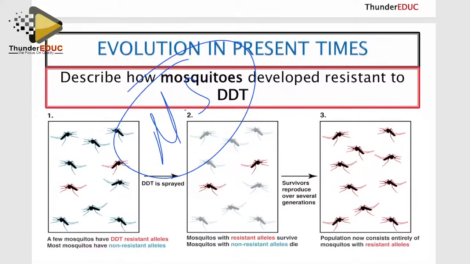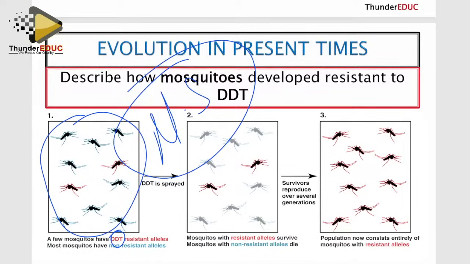So before you apply DDT, which is just an insecticide, you'll find that there is variation among these mosquitoes. When you apply this DDT, some are resistant, some are non-resistant.